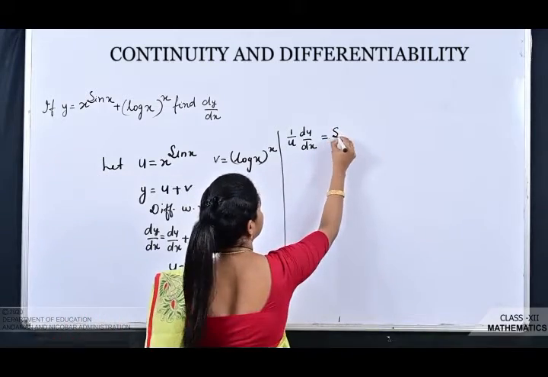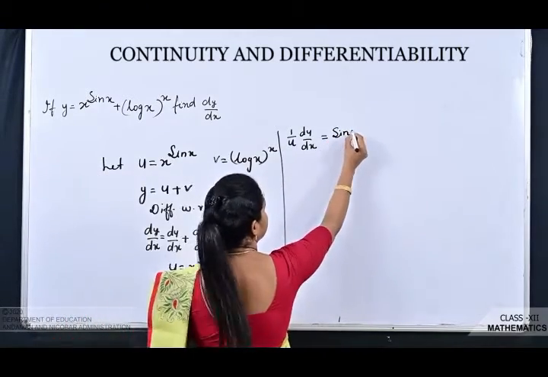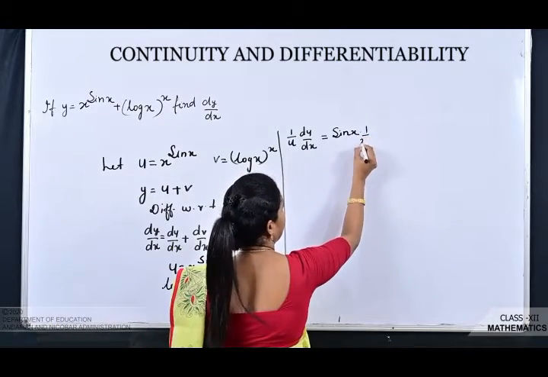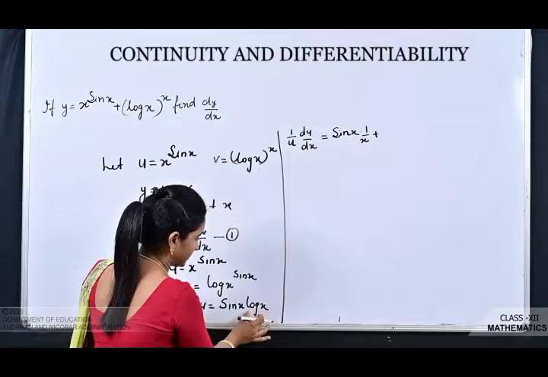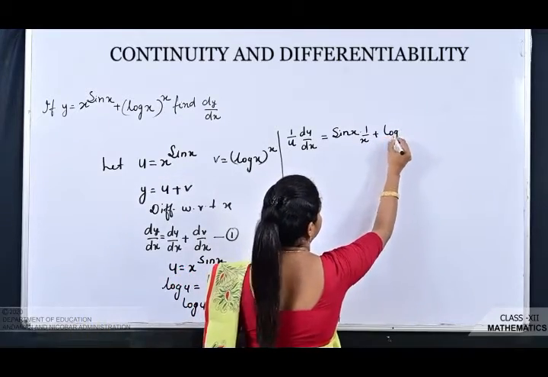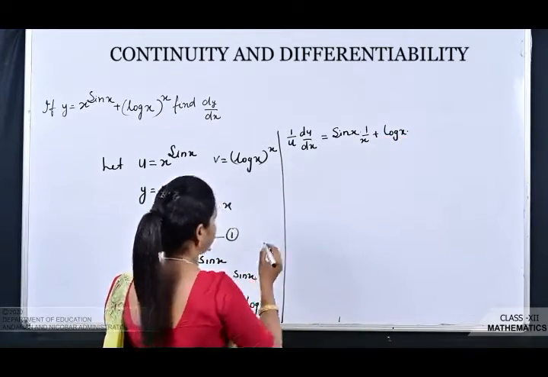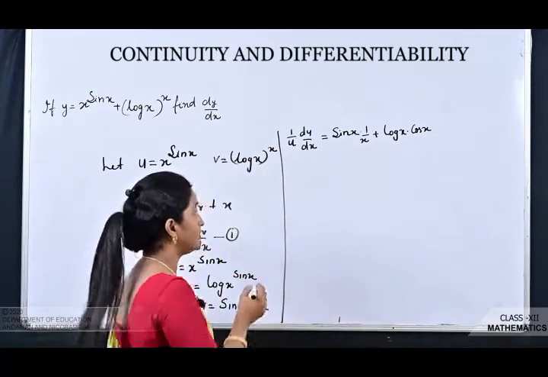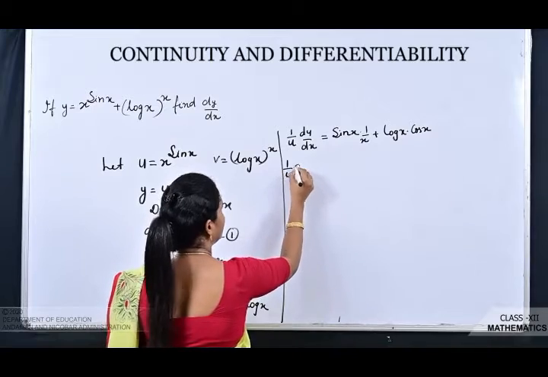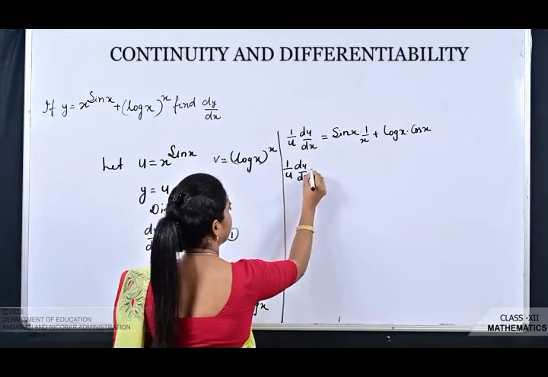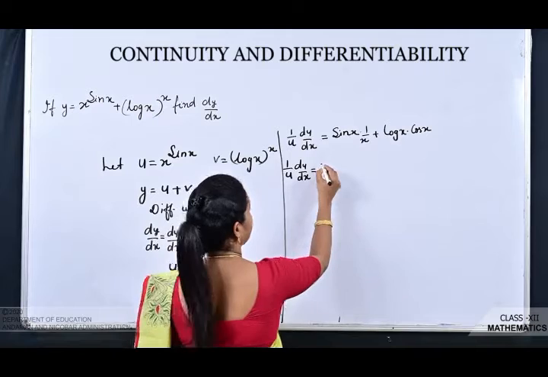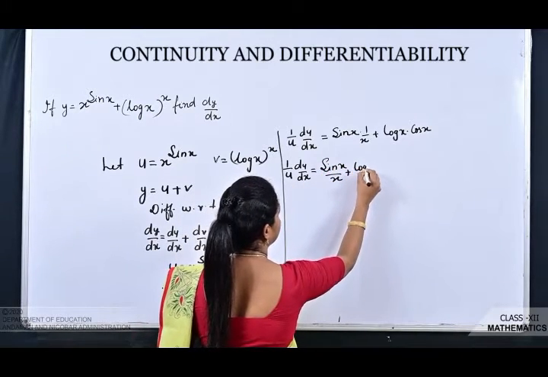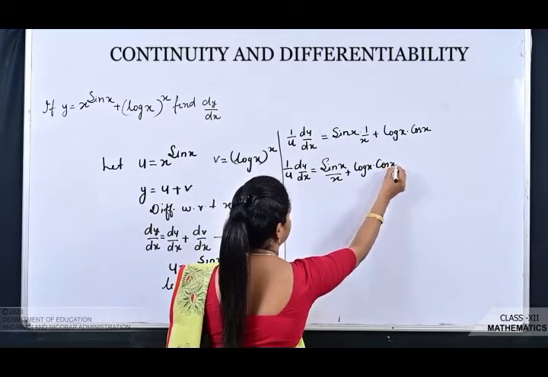First function sin x, I am directly writing the derivative of the second function as 1 by x, plus second function log x into the derivative of first, cos x. Clear? So 1 by u du by dx is equal to sin x by x plus log x into cos x.